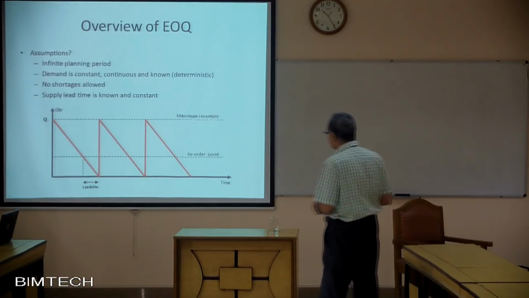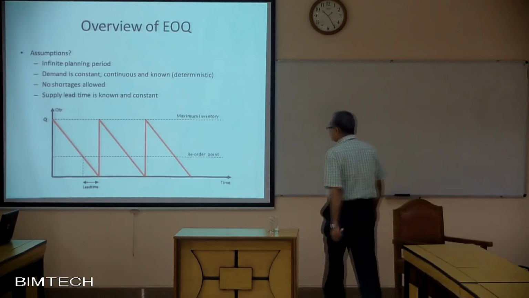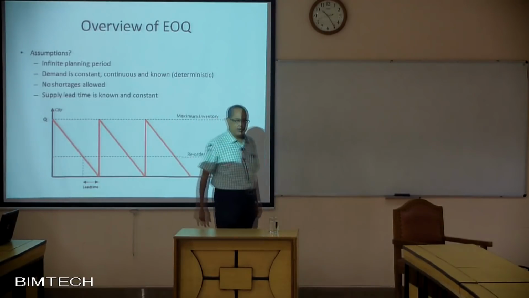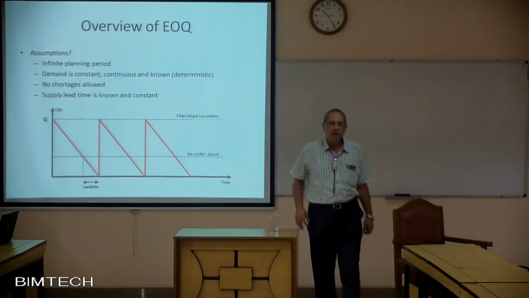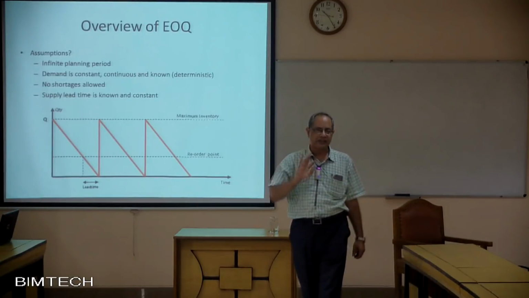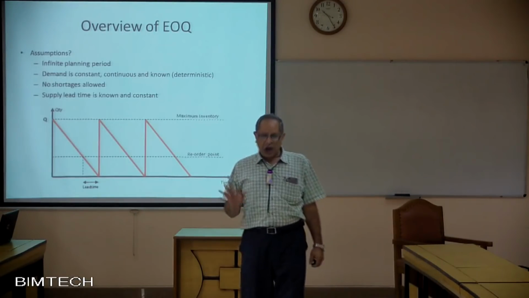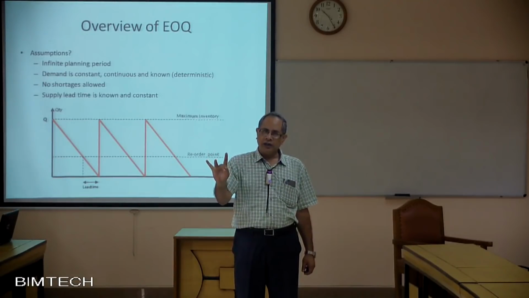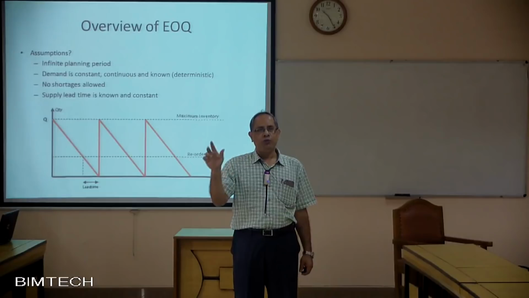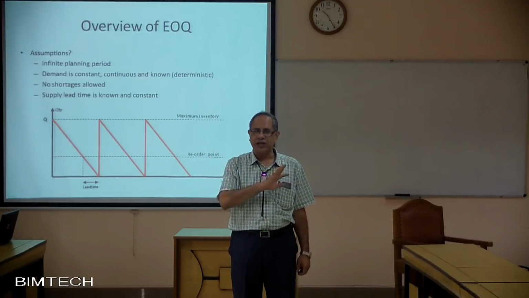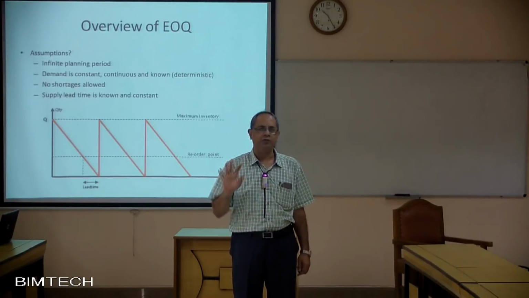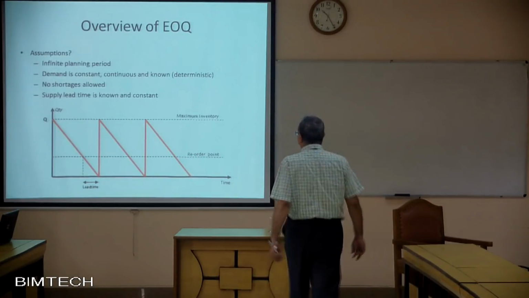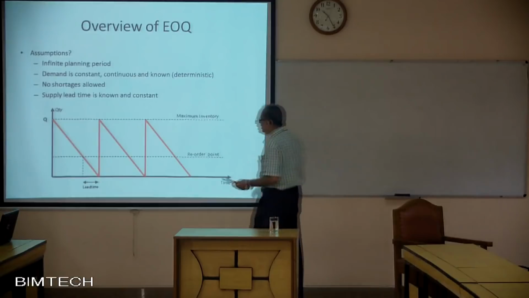So with these assumptions, let us look at the model. By the way, for any inventory model or any inventory policy, we must decide two things: how much to order and when to order. The moment we know both these things, then we are absolutely fine. We have decided the policy.